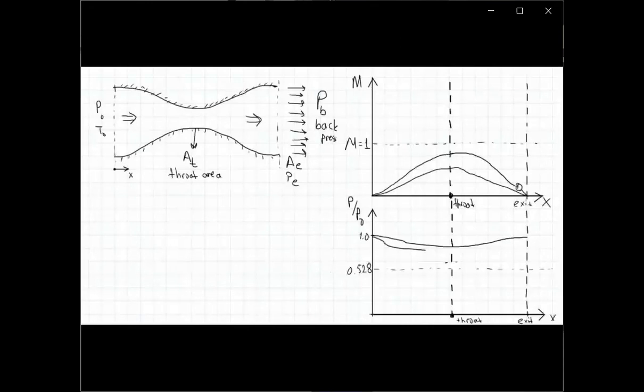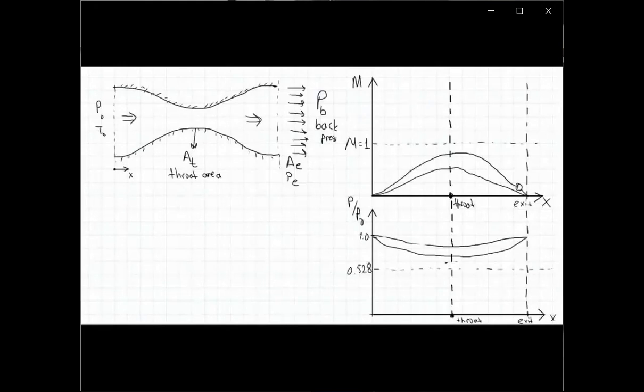It will reach lower static pressure values near the minimum area location, the throat location. Let's remove this and draw it one more time. So it will reach lower static pressure, then increase again.